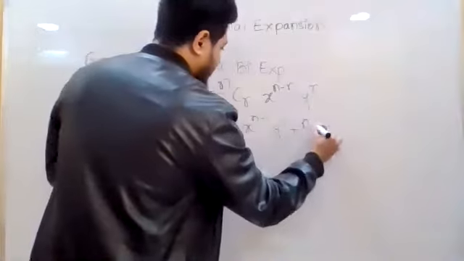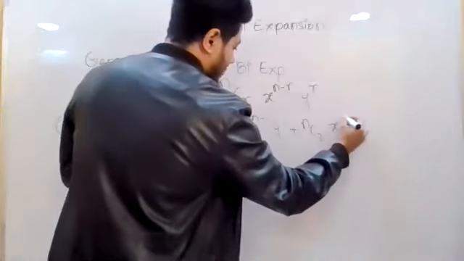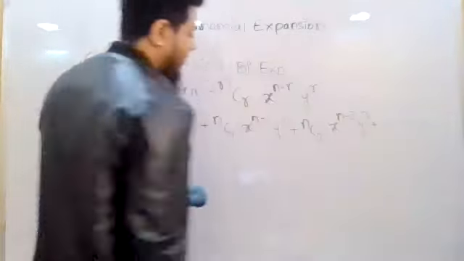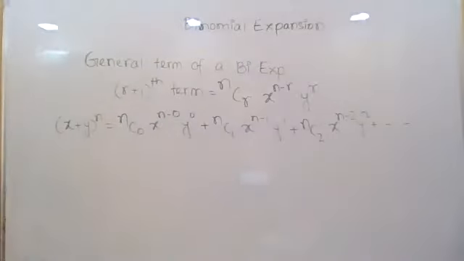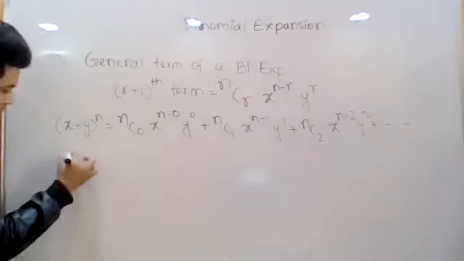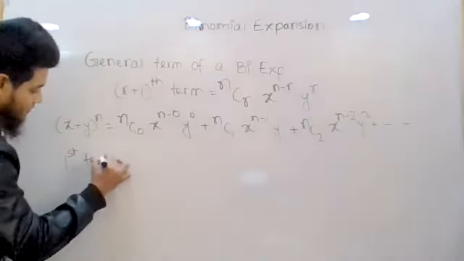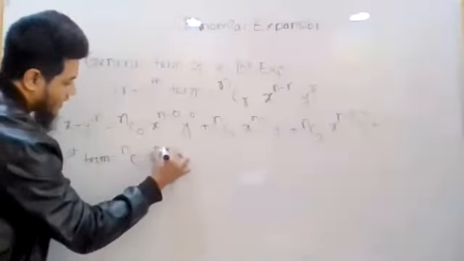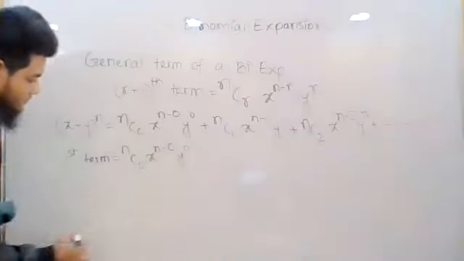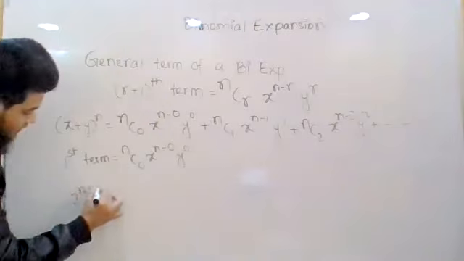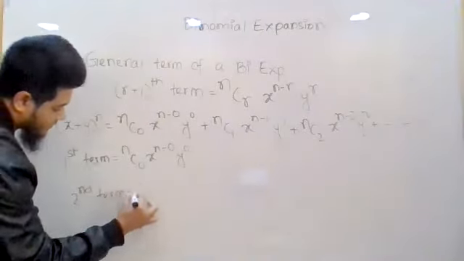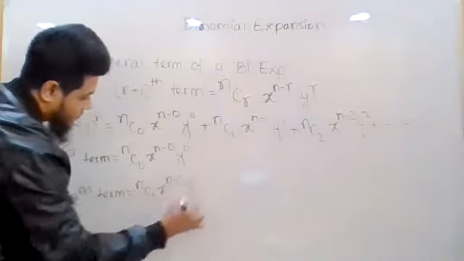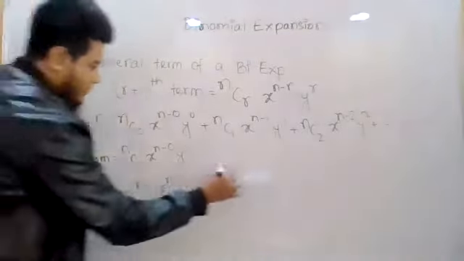Then if we continue, nC2 x to the power n minus 2, y to the power 2, and so on. Now, if I ask you what is the first term over here? You will write nC0 x to the power n minus 0, y to the power 0. If I ask you what is the second term, you will write nC1 x to the power n minus 1, y to the power 1. Then what about the third term?